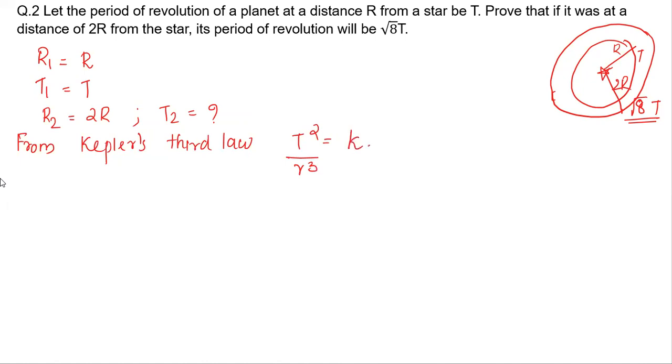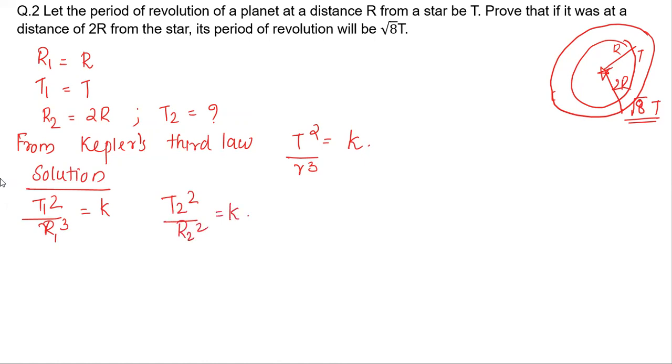Okay, so we'll do the solution. For first distance we will write t1 square upon r1 cube is equal to k, and for second one we will write t2 square upon r2 cube is equal to k.